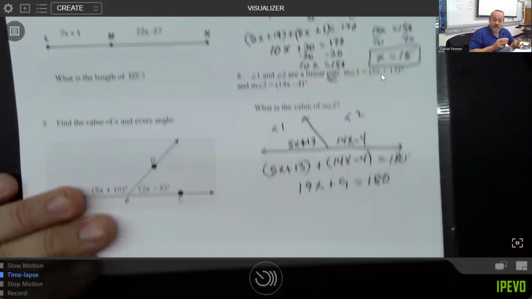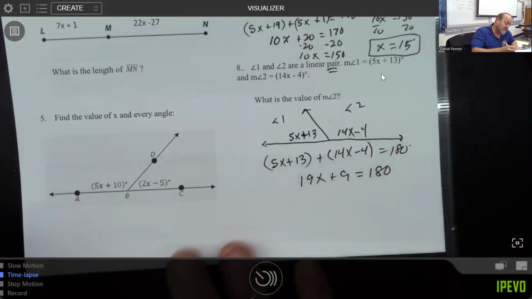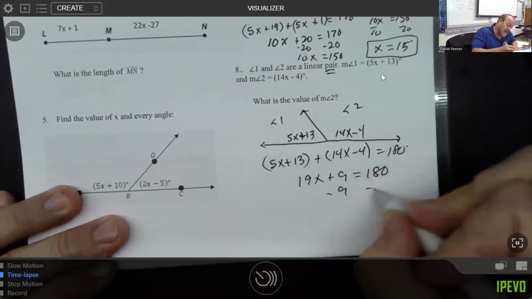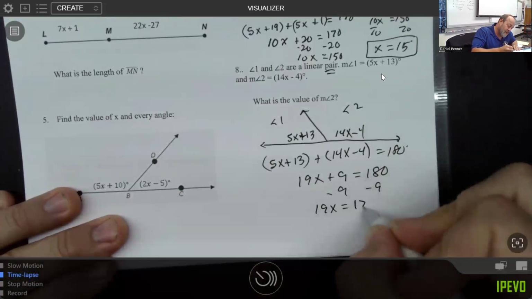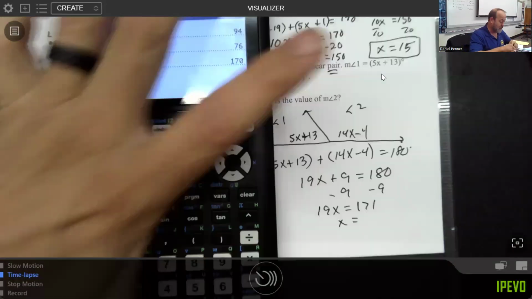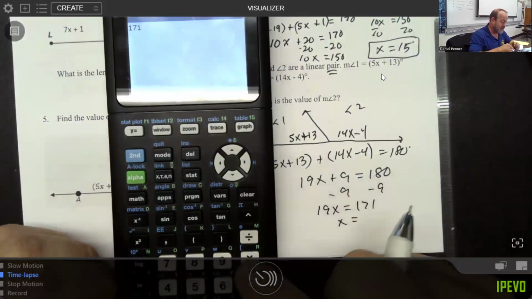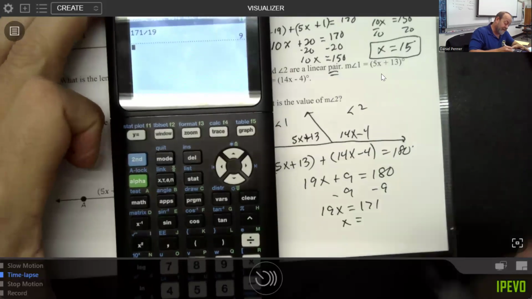Now I've cleaned up both sides, but now it's time to get the x by itself. So I'd like to subtract the 9 from both sides. And then if I divide both sides by 19, what is 171 divided by 19? It looks like I got x equals 9.